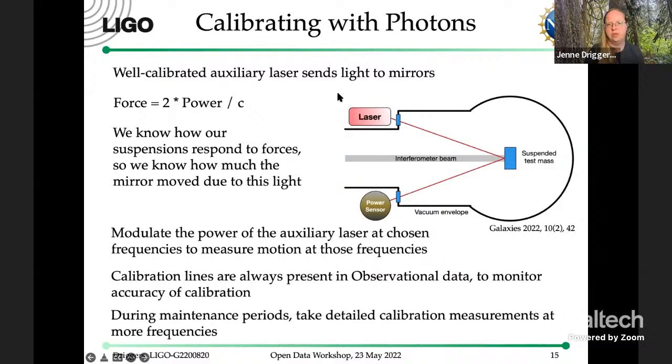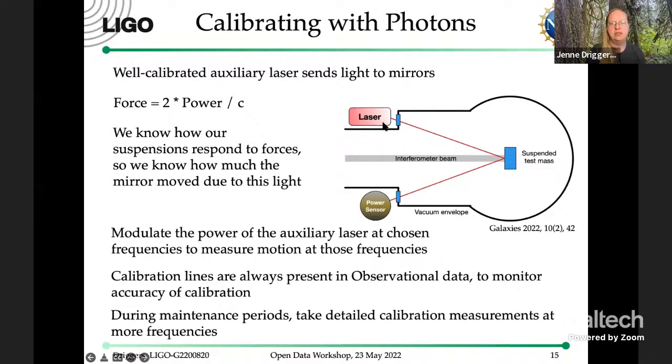This is a cartoon of the end mirror. So this interferometer beam comes from off the screen, the main beam splitter, and it has traveled 4 kilometers to our end mirror. And a few meters away from the end mirror, we shine an extra laser at the mirror.